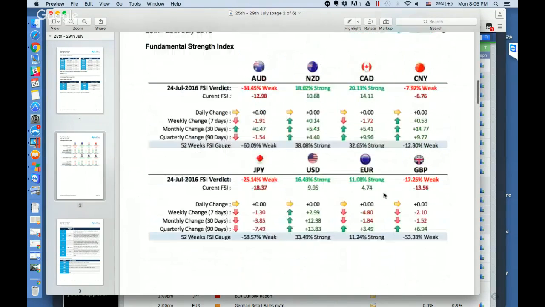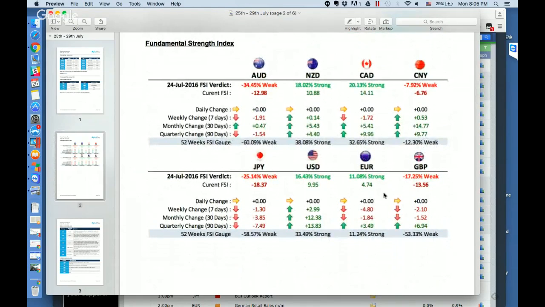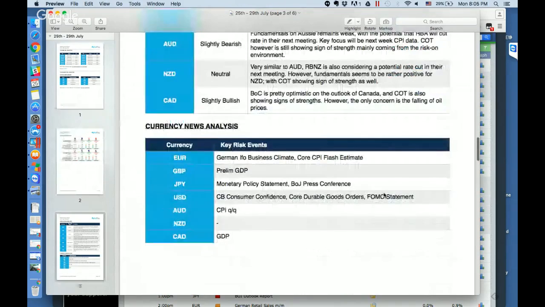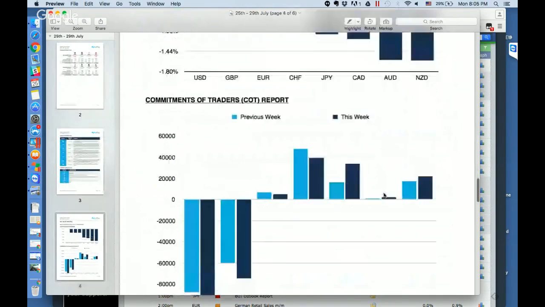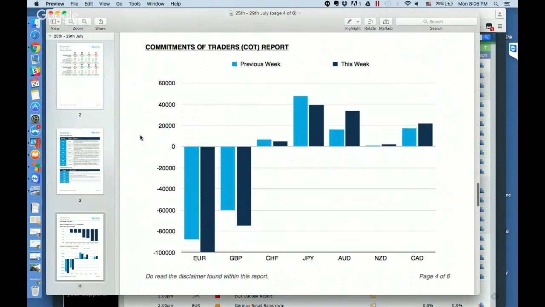This is a quick glance at which economy is expanding and which economy is contracting. Then if you look into COT first, this is a very quick idea, in terms of net positions, of the change from previous week to this week.